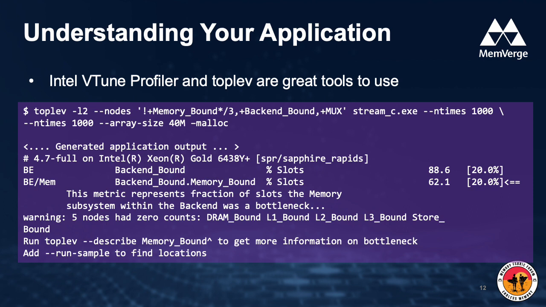The other tool that we commonly use is an open source tool from Intel called TopLev. It works better on their CPUs, obviously. In this example, we're running our stream benchmark under TopLev, and it shows that we are memory bound. In the center it says backend_bound.memory_bound, and it's 20%.